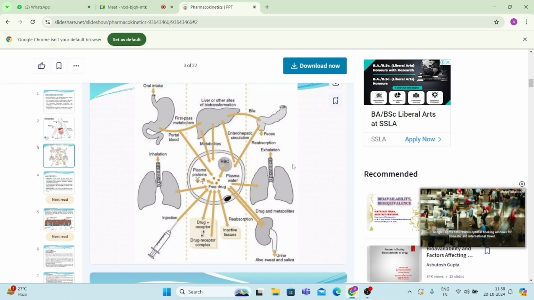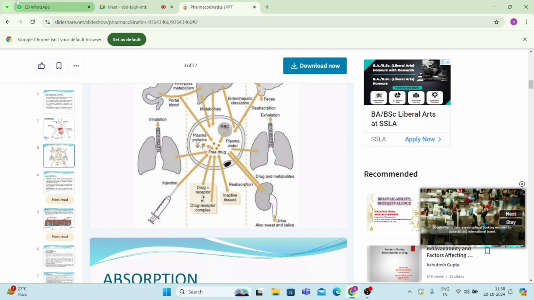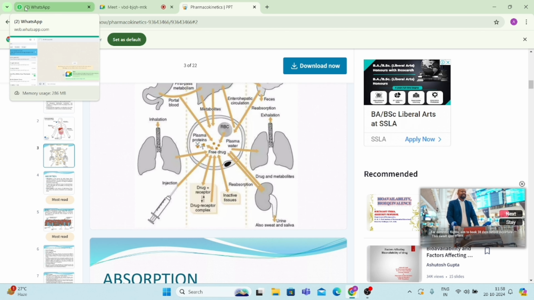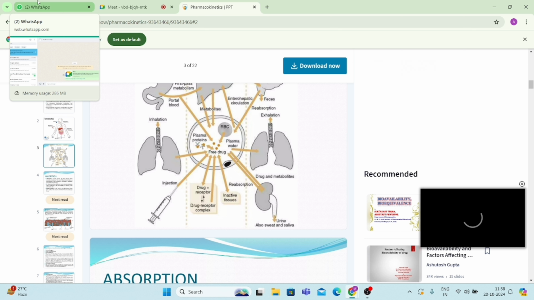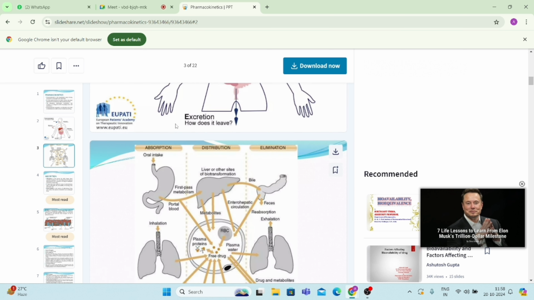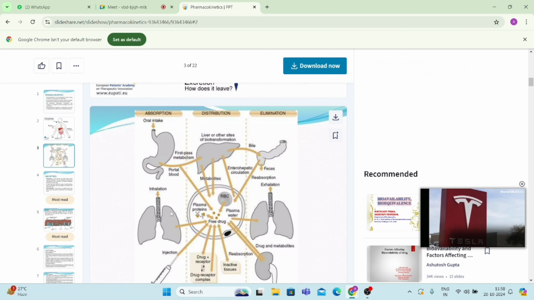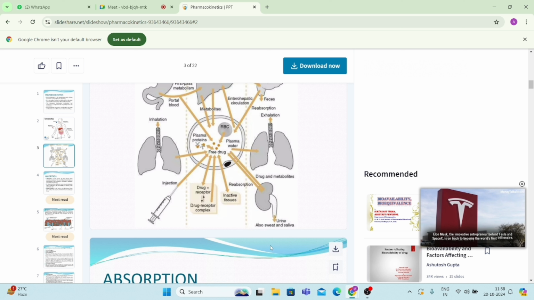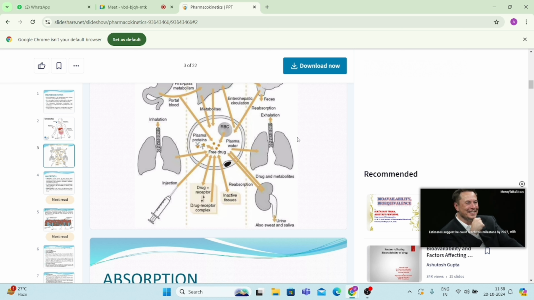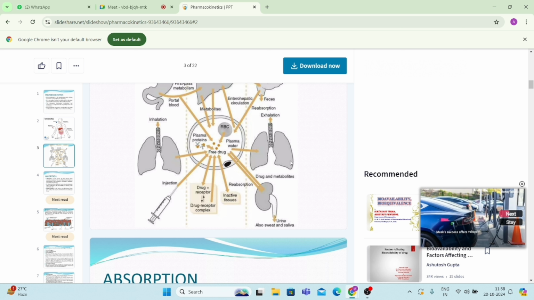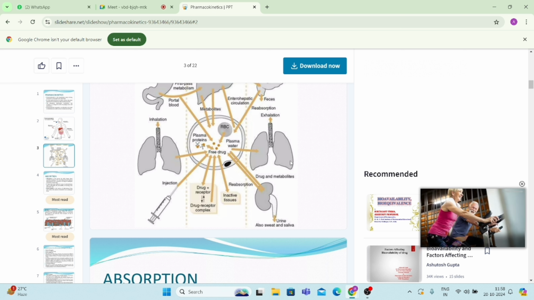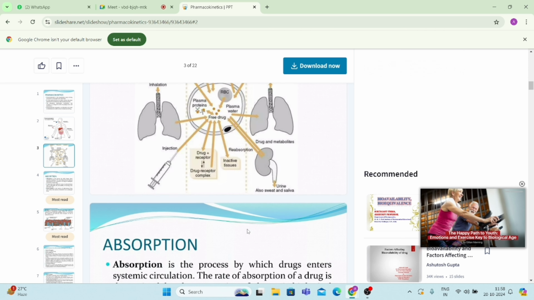And once the metabolites are produced, either they should be eliminated or they will show more action than the parent drug. Parent drug in the sense the first drug we have given, through oral or parenteral intake. Whatever metabolites are produced, either they should leave the body or they are going to show more action than the parent drug.